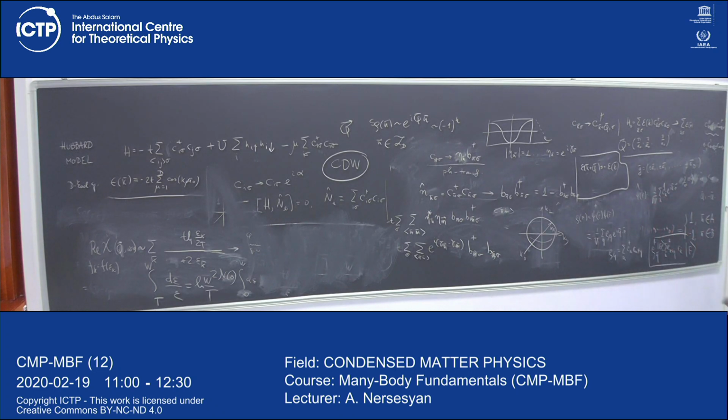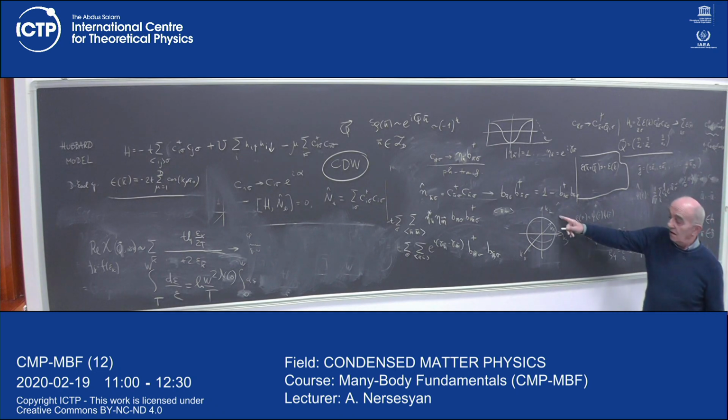There are no holes inside, but it's not a vacuum for the particles. So, if I'm acting by this operator onto this Fermi sea, the action of the annihilation operator is only non-zero if k is less than kF. If k is greater than kF, there is no occupancy here, there are no particles here, there is just a vacuum. c acting on the vacuum gives me zero. That's the definition of the vacuum.